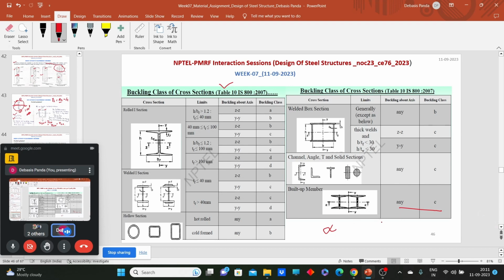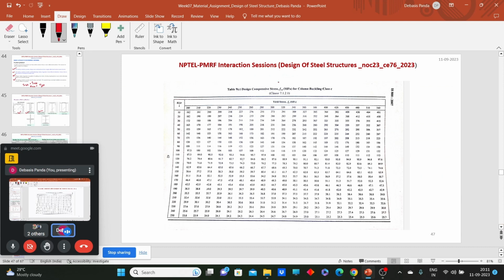We know which table we should use for the calculation of the fcd value. So we will use Table 9C. Why? Because all the built-up members come under buckling class C.